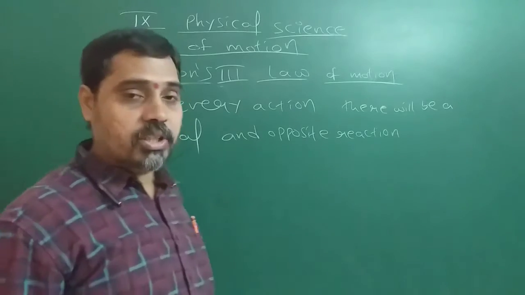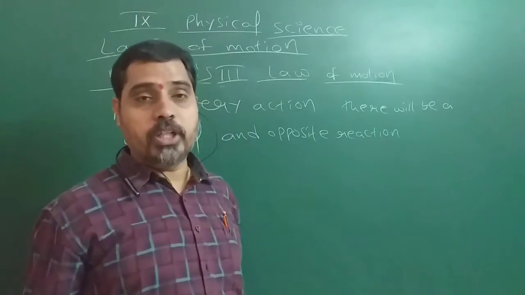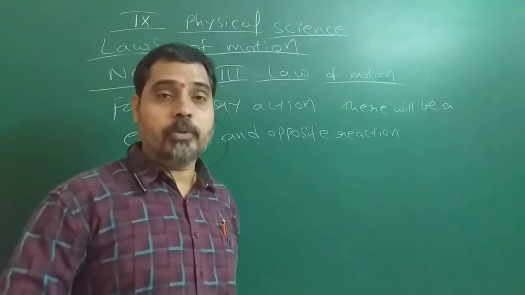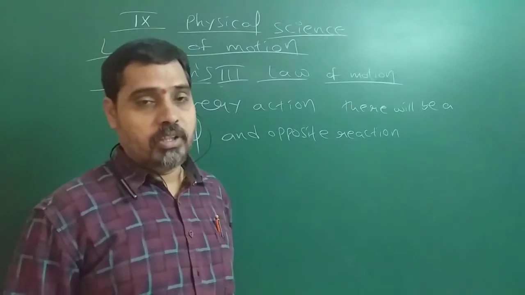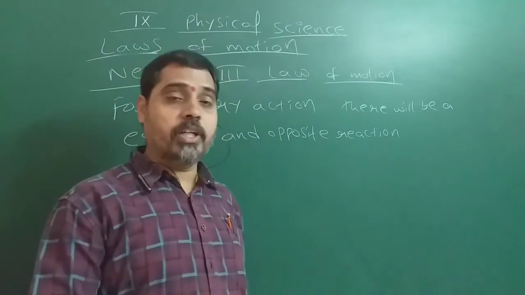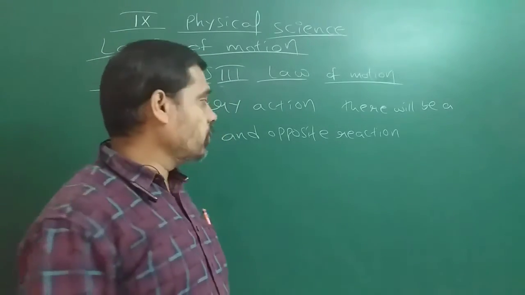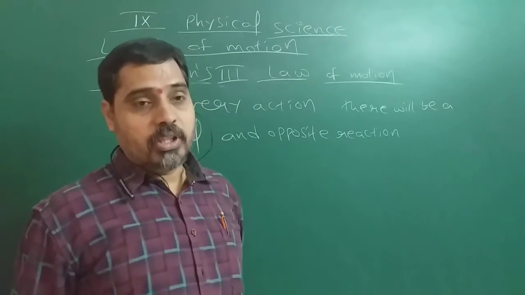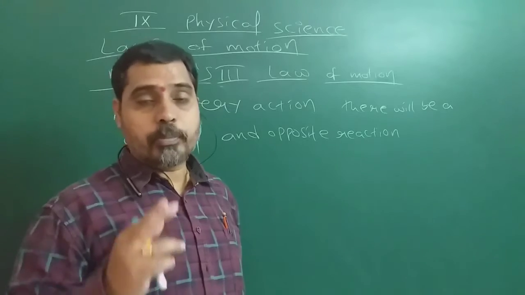That means the action force will be applied by the first body on the second body, and the reaction force will be applied by the second body on the first body. Action is applied in one direction, reaction force is applied in the other direction. So Newton's third law can also be stated as: action and reaction forces are paired forces.